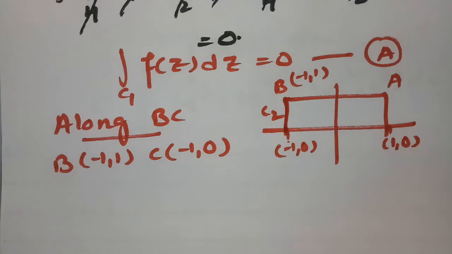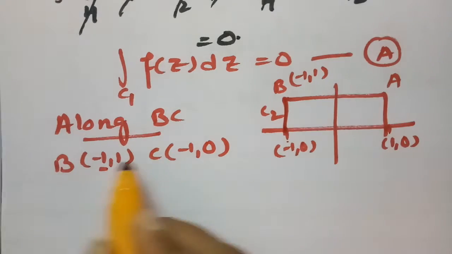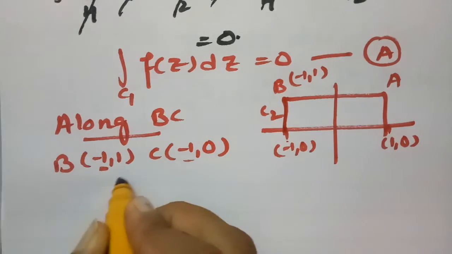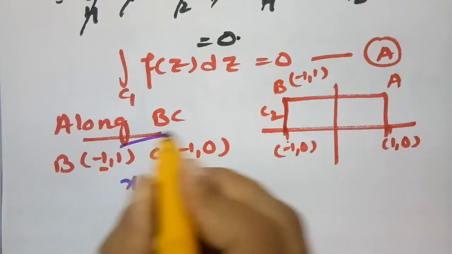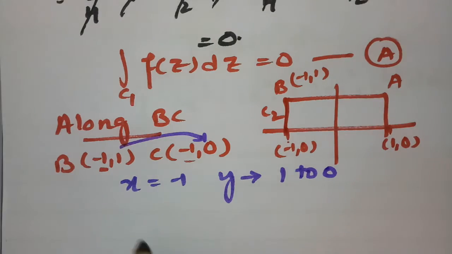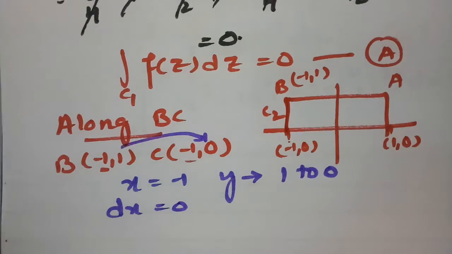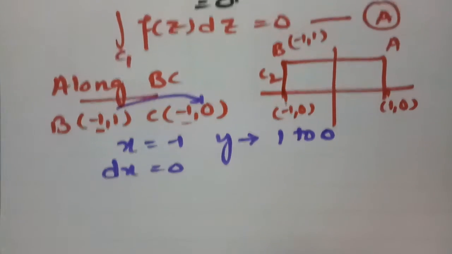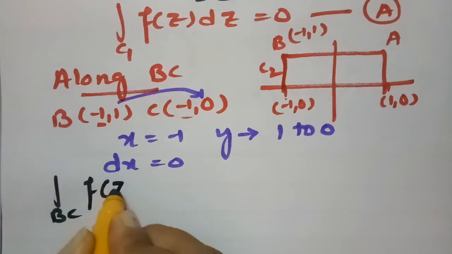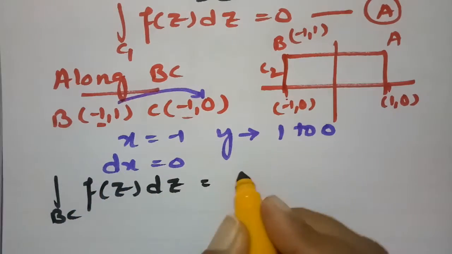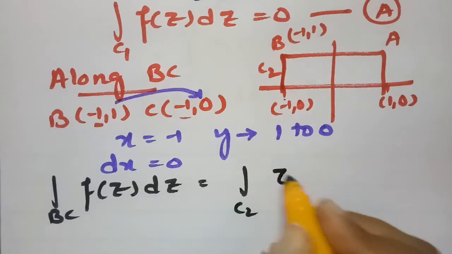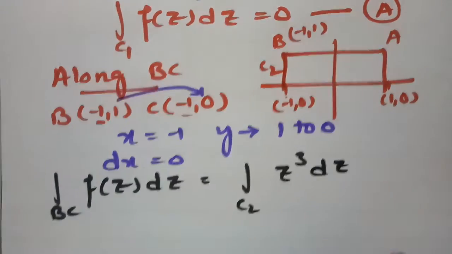Along BC, -1, 1, and here x is a stable value. So here x value is equal to -1, and y varies from the point +1 to 0. So here the dx value is equal to 0. If I substitute all these in the integral along BC, the integral of f of z dz is nothing but, along the curve C2, z cube into dz.